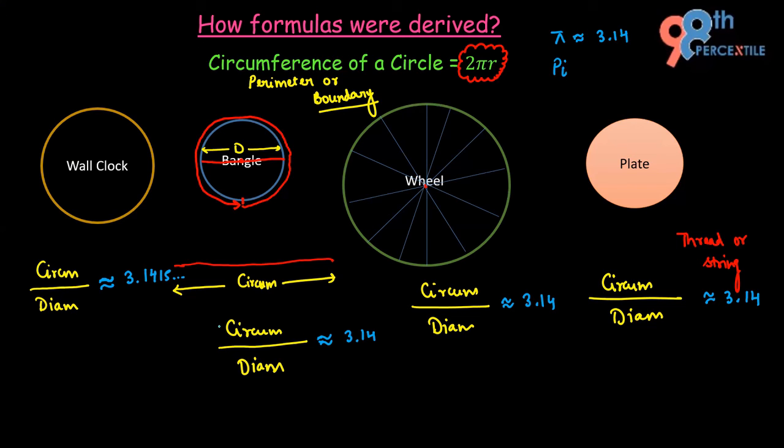And now I'm going to derive the formula for circumference. What is diameter, guys? Diameter is nothing but twice the radius, or 2 times r, if r is the radius. So in place of diameter, I'm writing 2 times r.